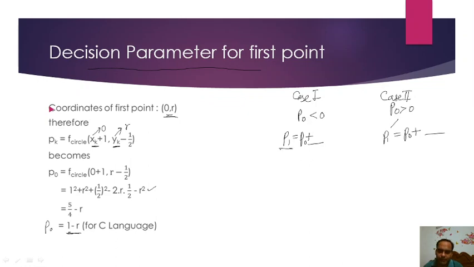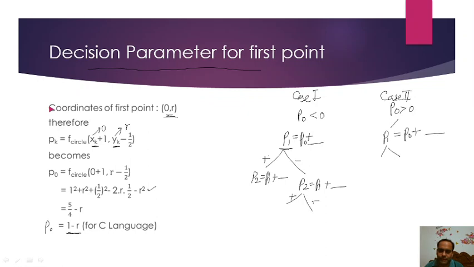Similarly, when p1 is positive or negative, this is case 2 and this is case 1, again you can find p2 from p1 plus something. And similarly, in this case we have an equation for finding the parameter also. Similarly, we can find p2, and further we will go on.